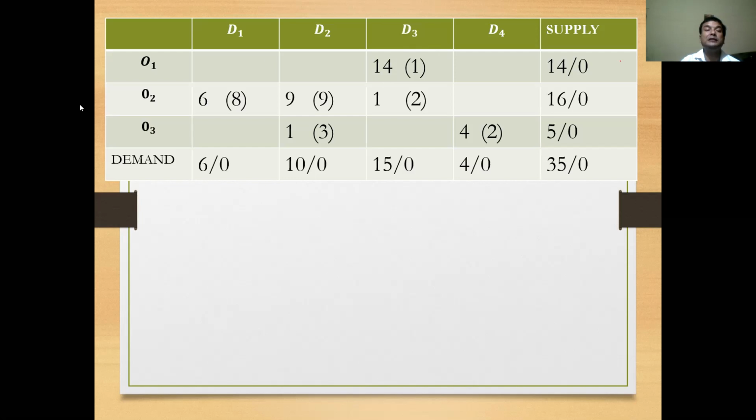What is the name of this cell? Origin 1 and destination 3, that is x13.